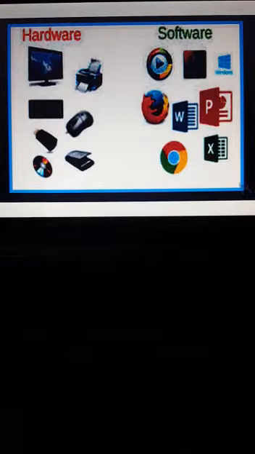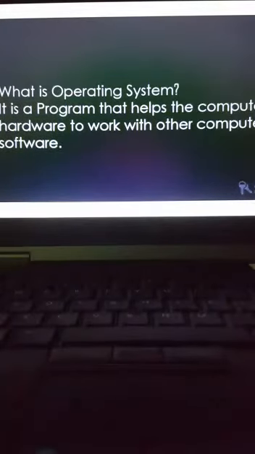What is an operating system? It is a program that helps the computer hardware to work with other computer software. It means it is a program for how a computer operates.